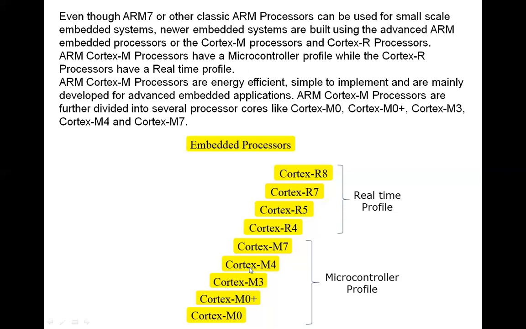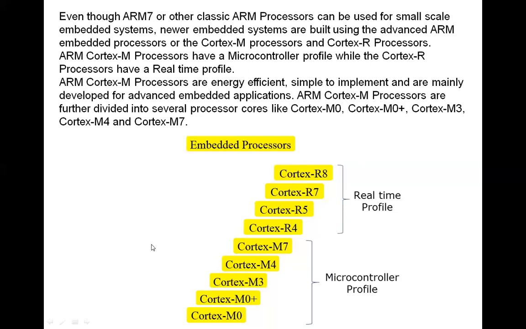This is a Cortex R processor that comes under the real-time profile, but Cortex M comes under the microcontroller profile. The Cortex M processors are energy efficient, simple to implement, and mainly developed for advanced embedded applications.